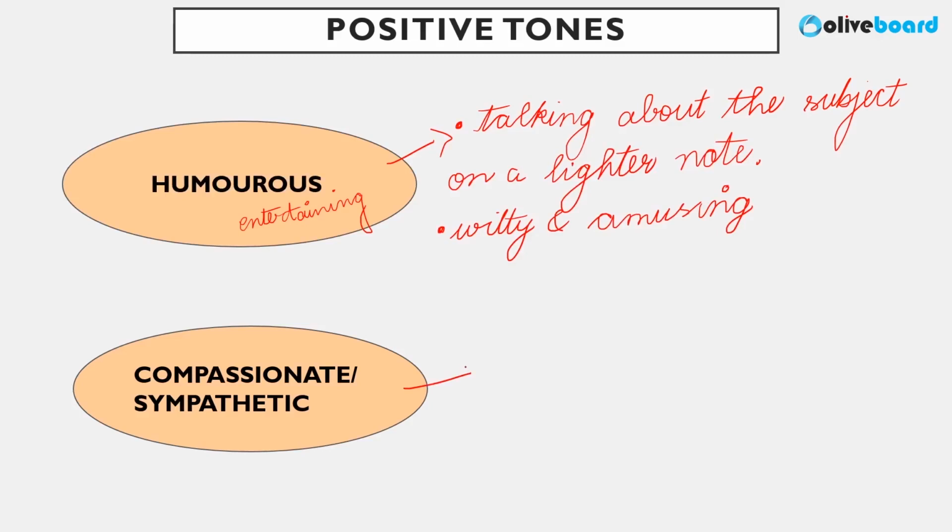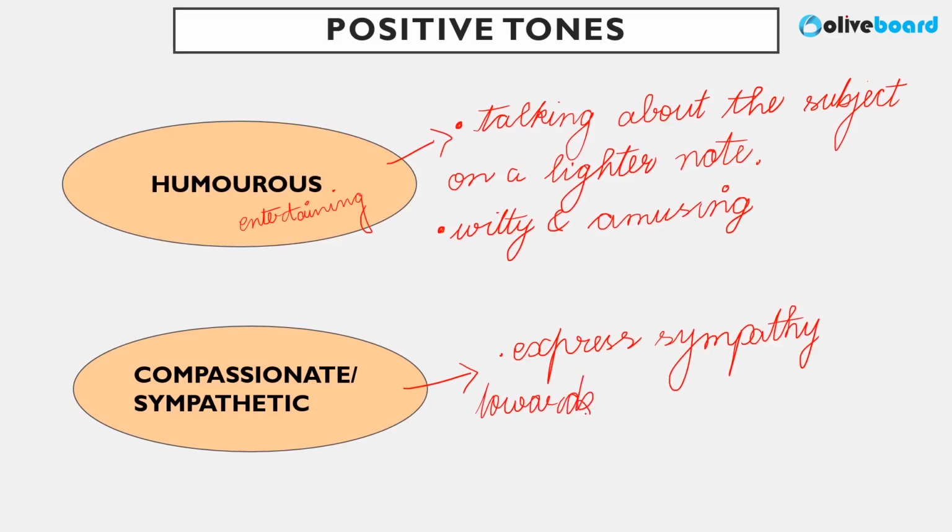Next, compassionate and sympathetic tone. As the word suggests, when the writer expresses sympathy towards the subject, right? You are very kind towards the subject, you are showing sympathy, you are being compassionate.